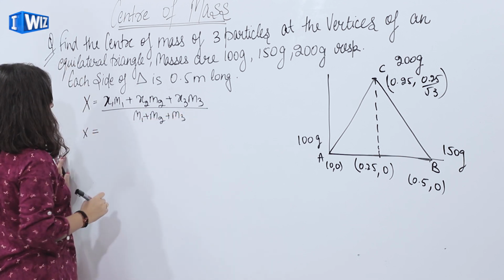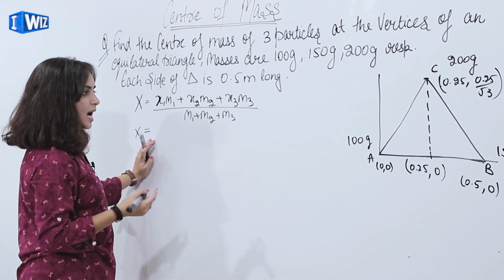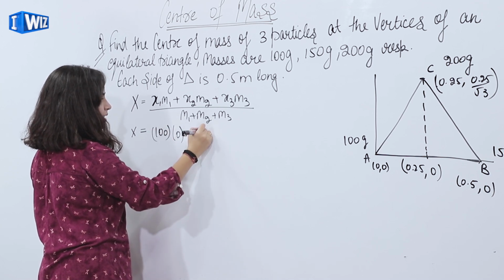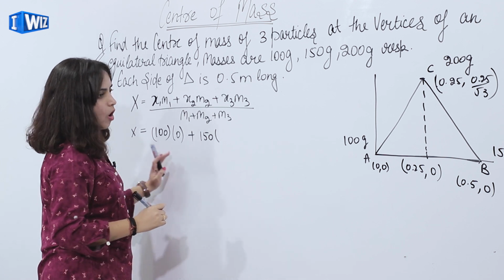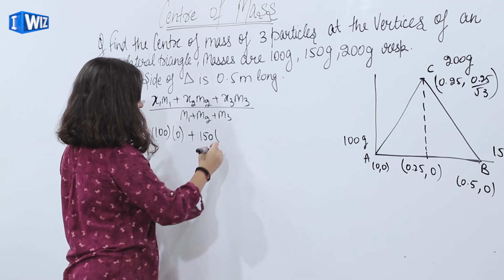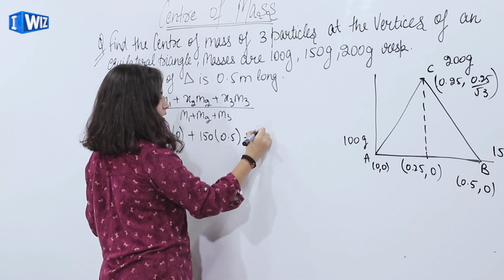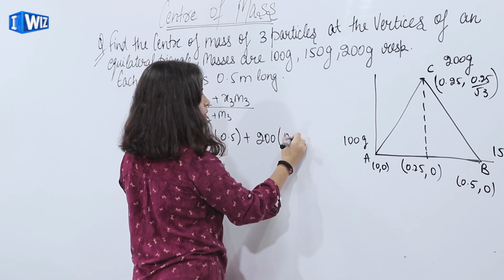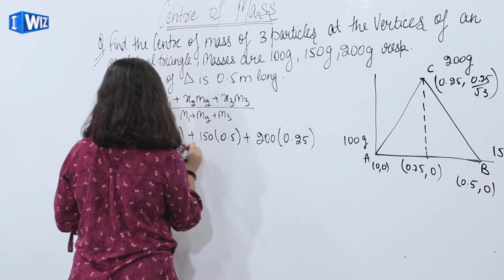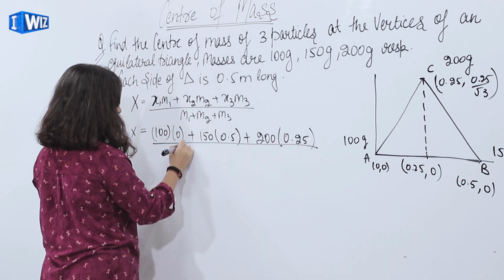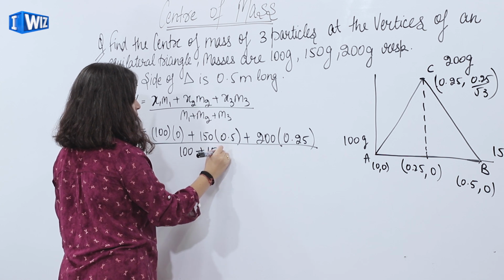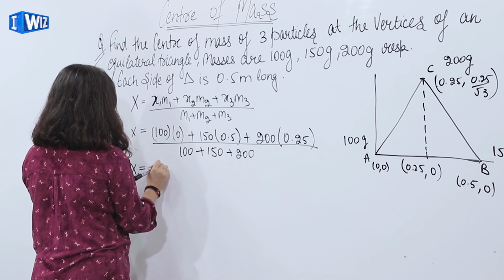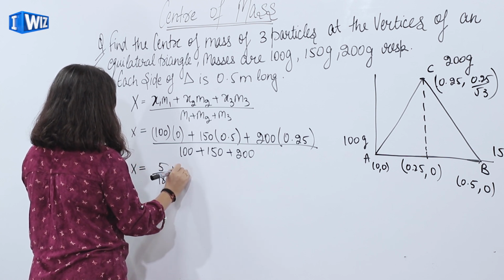So I'll get x equals to: first mass is 100, coordinate x is 0, plus second mass is 150, coordinate x2 is 0.5, plus next mass is 200 and coordinate is 0.25, upon the sum of all the masses, 100 plus 150 plus 200. So I'll get x equals 5 upon 18 meter.